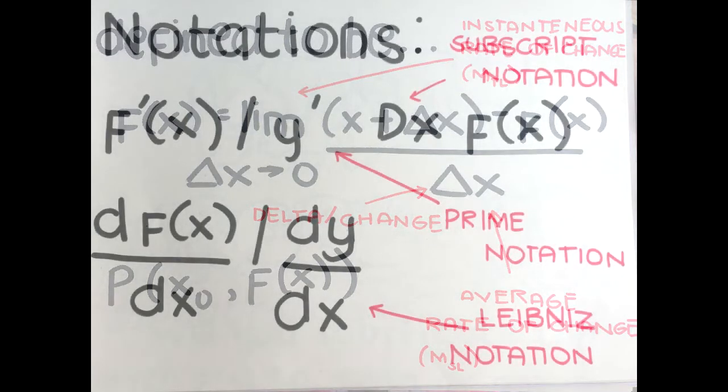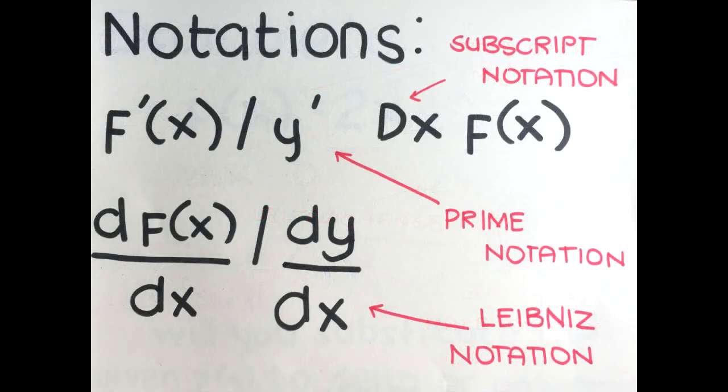In solving derivatives, we may encounter variations of notation such as prime notation, subscript, and Leibniz. For prime notation, we have f prime of x and y prime. For subscript notation, we have f sub x, the derivative of f with respect to x.